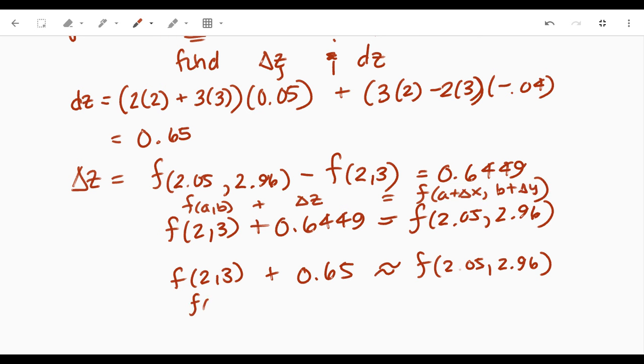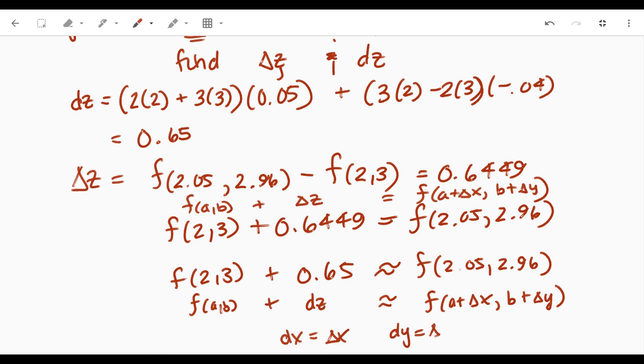And this is f of a, b plus dz is approximately equal to f of a plus delta x, b plus delta y. And keep in mind, dx is delta x and dy is delta y. Oh shoot, I forgot. There's one last example, so I'm not quite done yet.